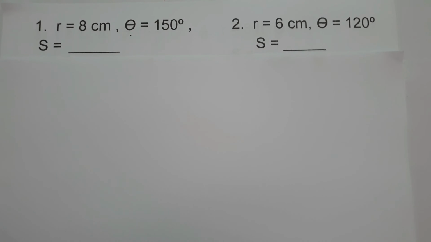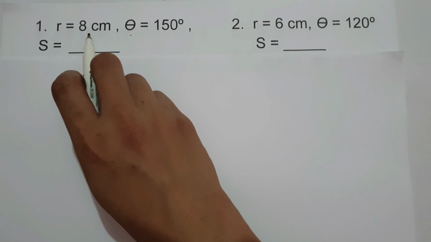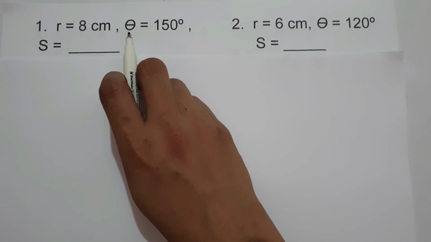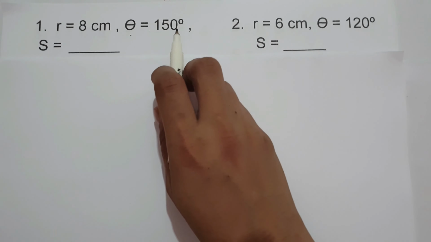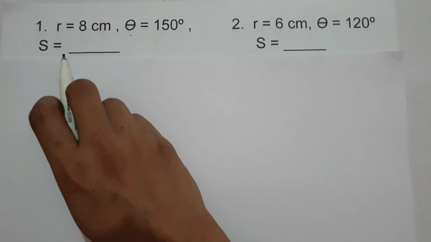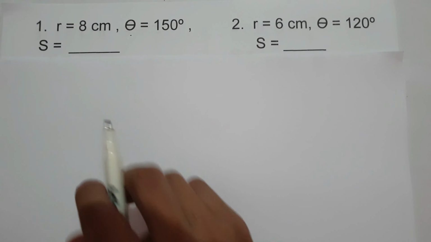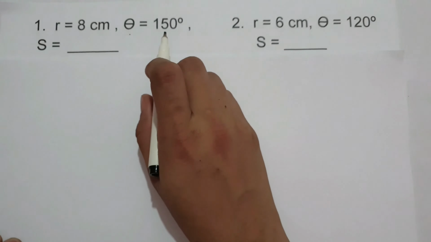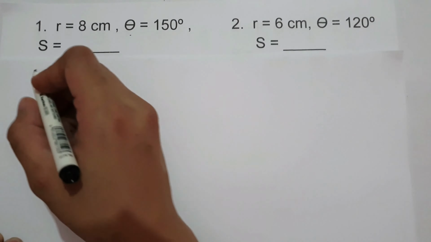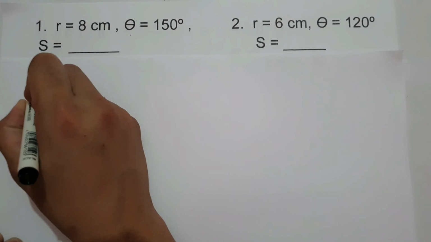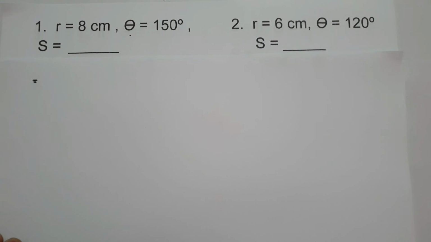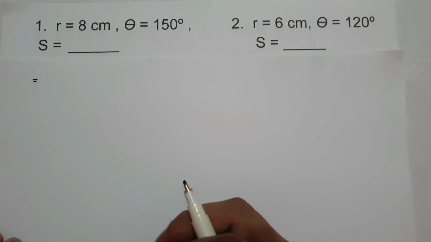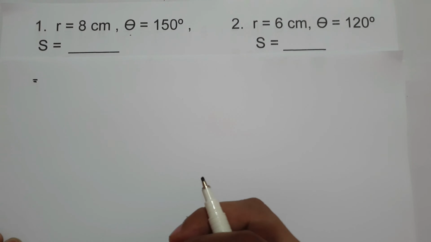In the first example, the radius is 8 centimeters, the central angle theta is 150 degrees, and we are going to find the arc length. The first step is to convert 150 degrees into radians. To convert degrees to radians, all we have to do is multiply the given degree by pi over 180 degrees.